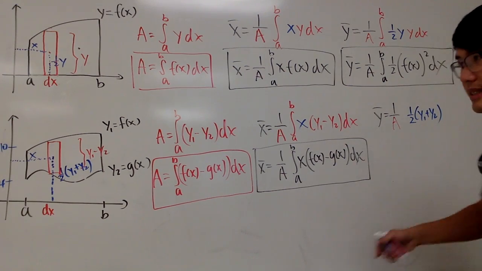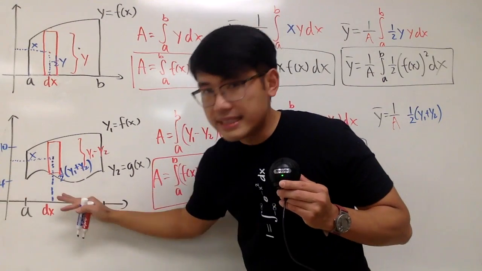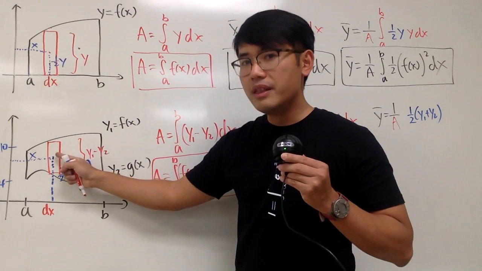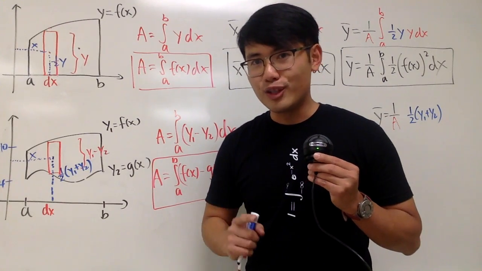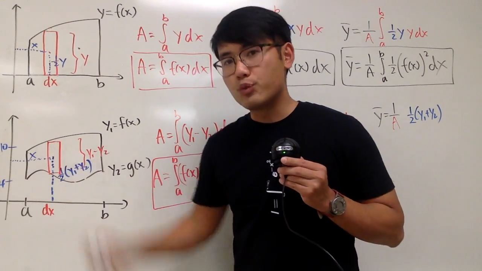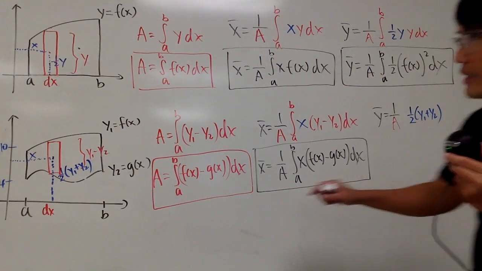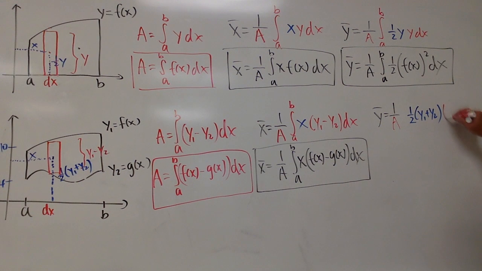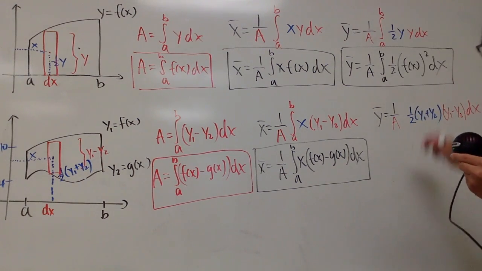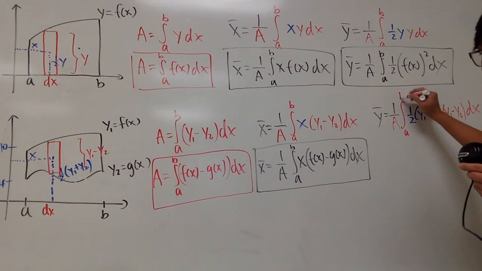This is the distance, right, from the x-axis up to here. This is the middle of the top and also the bottom. And we still have to multiply by the area of this red rectangle. So you just multiply by this part. So we get parentheses y1 minus y2 dx, right? And as always, we have to integrate this from a to b.